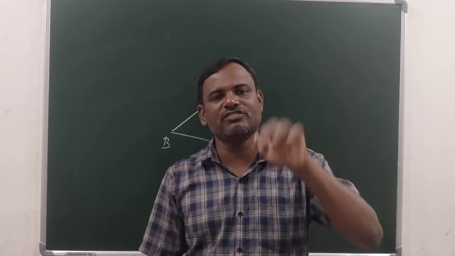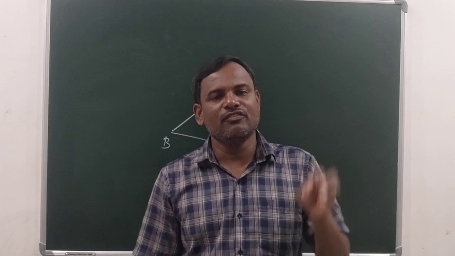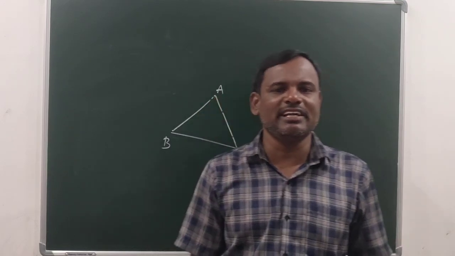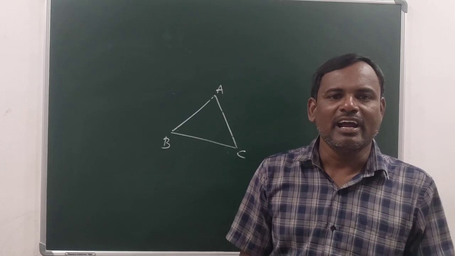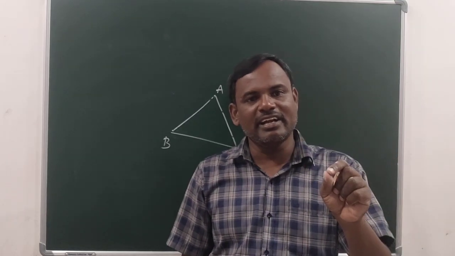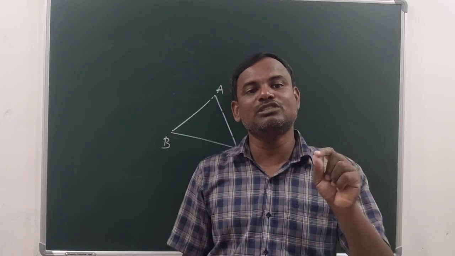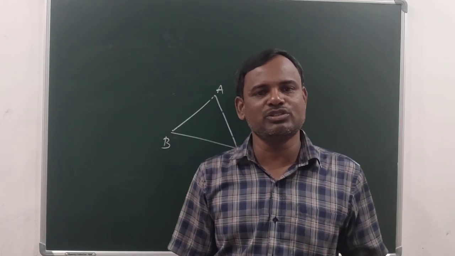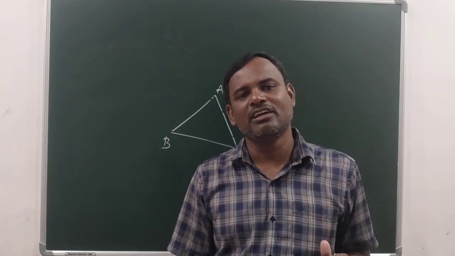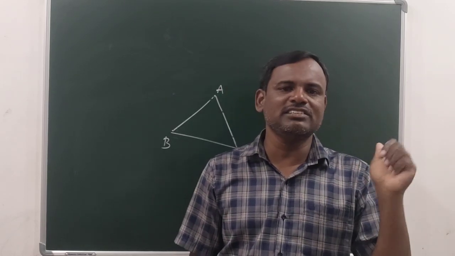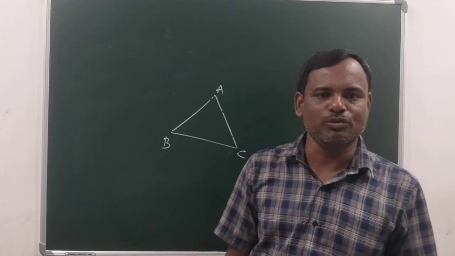Like that 4 medians will be possible there. That 4 medians will be concurrent at one point, that is called centroid of tetrahedron, and that centroid divides each median of the tetrahedron in the ratio 3:1, not 2:1. In 2D geometry, centroid divides each median in the ratio 2:1, whereas in the tetrahedron 3:1.